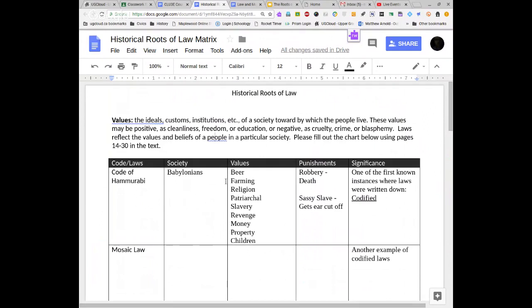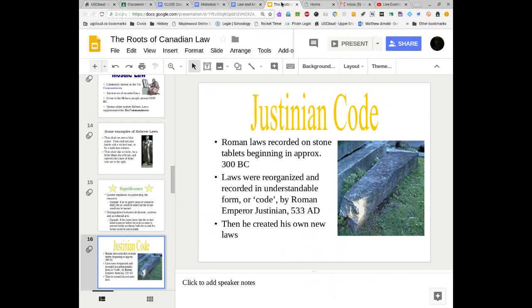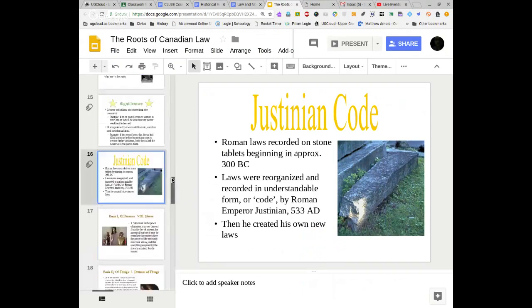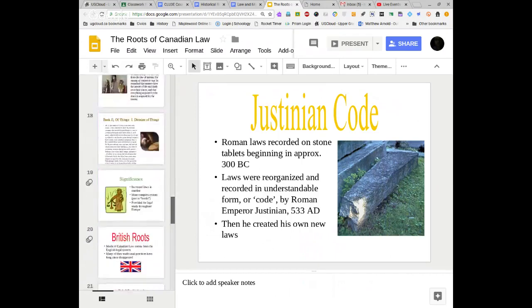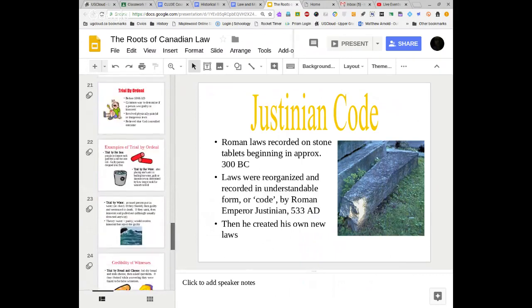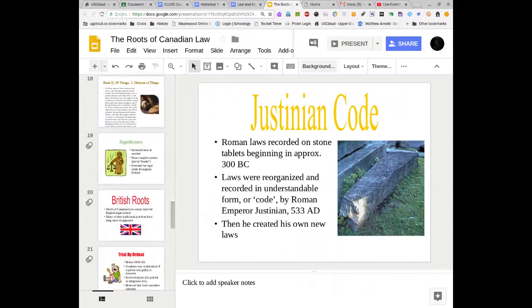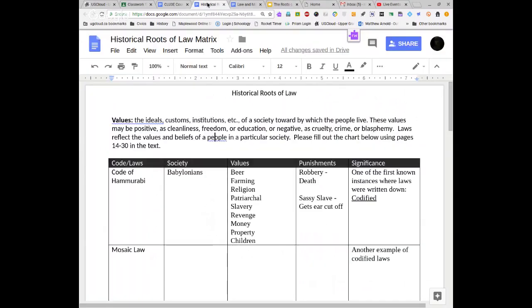So all of this information was taken from two sources. The first one being the Roots of Law presentation here. The second is from the yellow textbook entitled Law in Action, and it's pages 14 to 30 in the textbook.